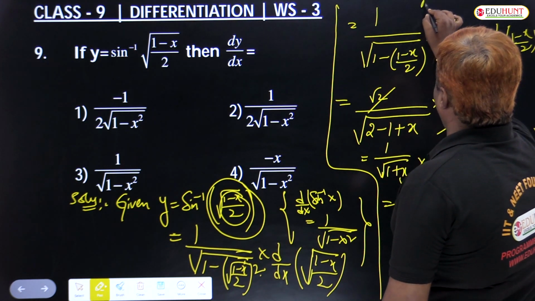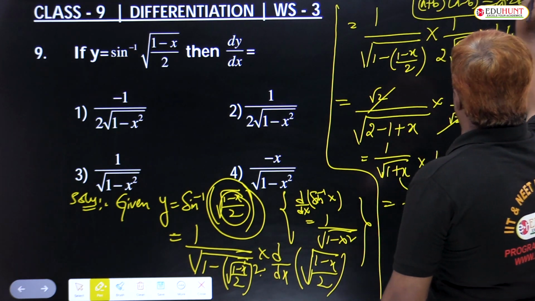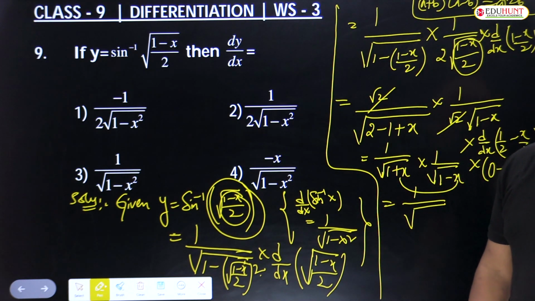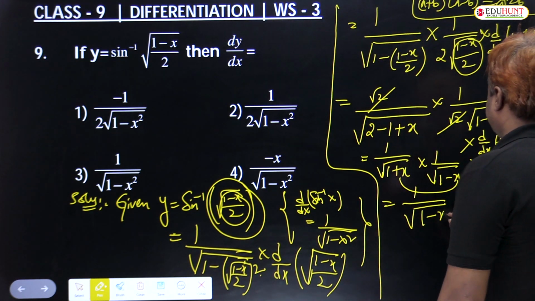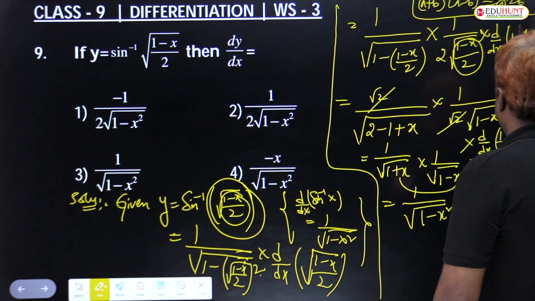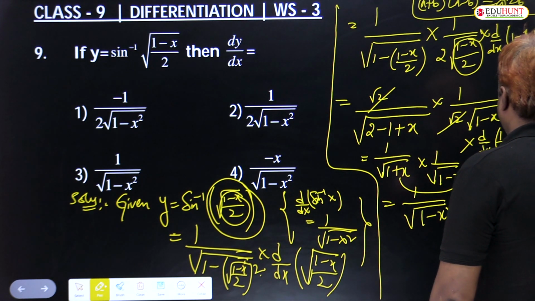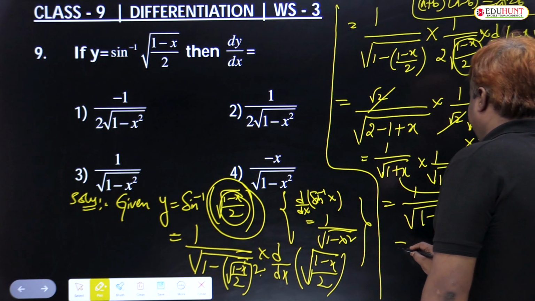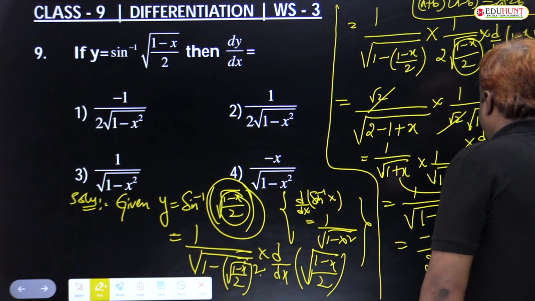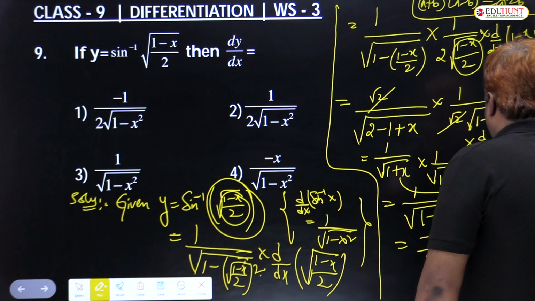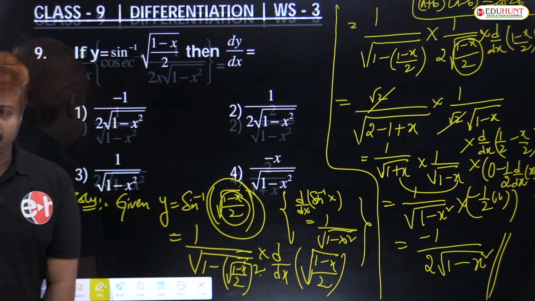What about a plus b into a minus b? a square minus b square. Okay, now root over 1 minus x square into minus 1 by 2 into 1. So now you can write this as minus 1 by 2 root 1 minus x square, which is the final one. Okay, note down.